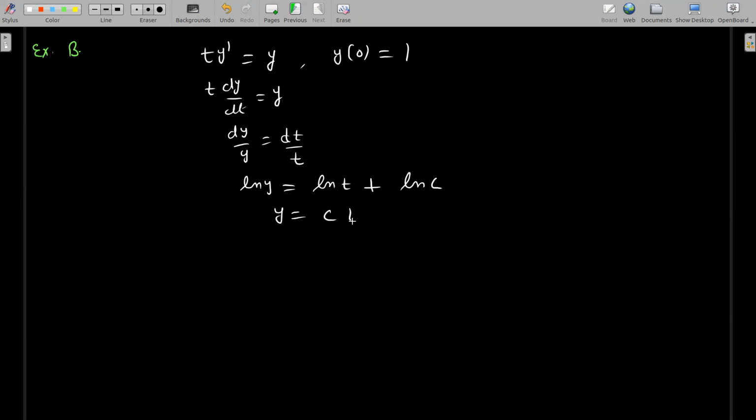So y equal to c times t is a solution. Now use condition. When t equals to 0, y is 1. So this implies 1 equals to c times 0. So what you got? 1 equals to 0, which is not possible.